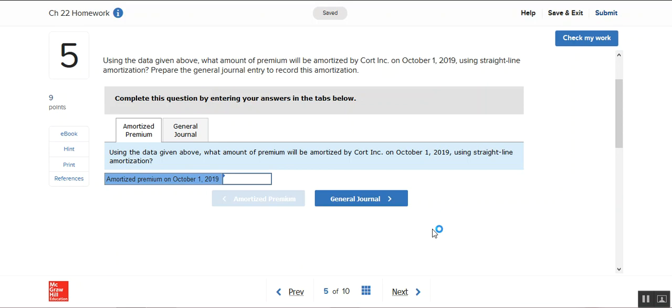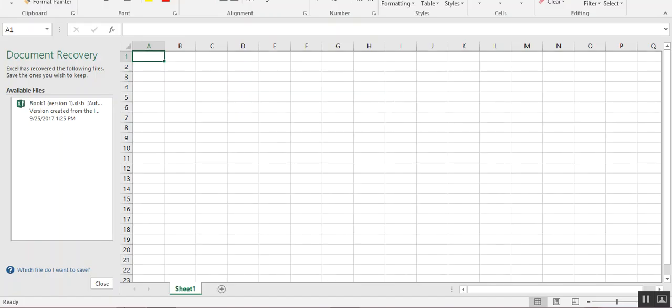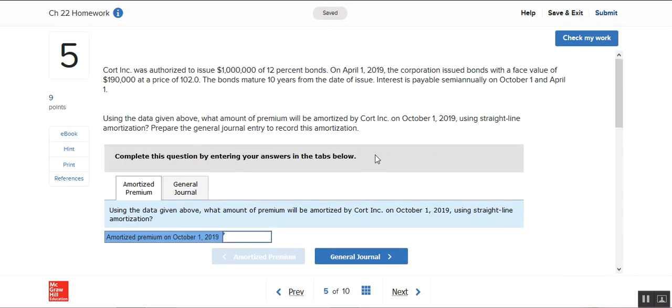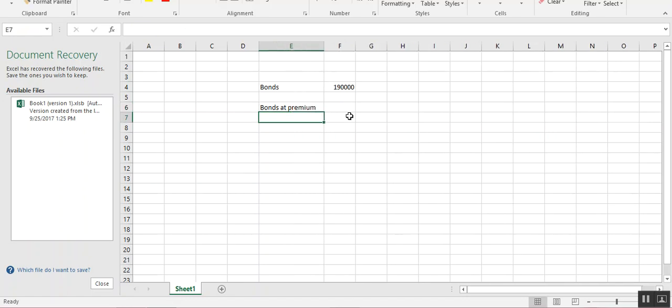So let's open up a spreadsheet just so I can kind of work through this. All right, so we have $190,000 worth of bonds sold at 102.0. So here's our bonds, 190,000. The amount we received was 190,000 times 102%.